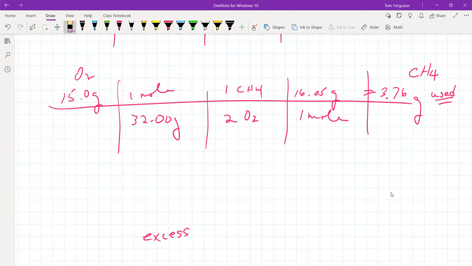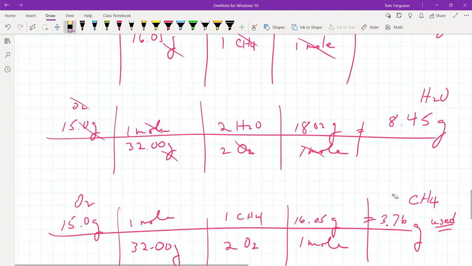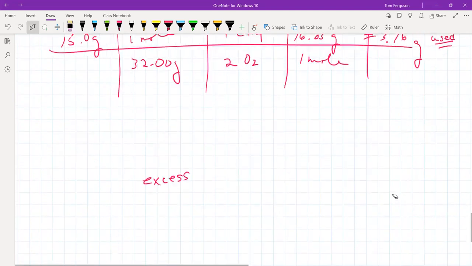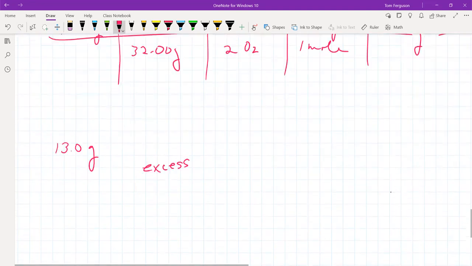Okay, so we started with 13 grams of methane, and we're going to use up 3.76.